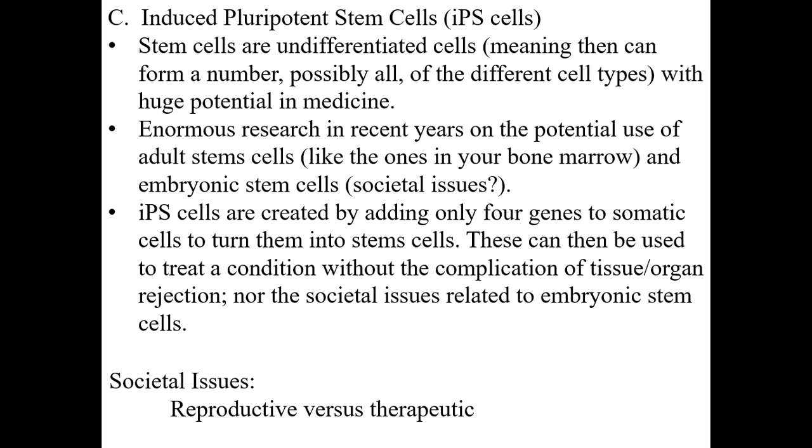Just one last one here, what is referred to as induced pluripotent stem cells. So this only dates back about the last decade or so. Stem cells, which we did briefly come across before, are cells that are in your body, but they are what are called undifferentiated, which kind of means that they don't have a specific function. They're a reservoir of cells, but if we can give them the right signal, what we think is we can turn them into any kind of cell type that we like.